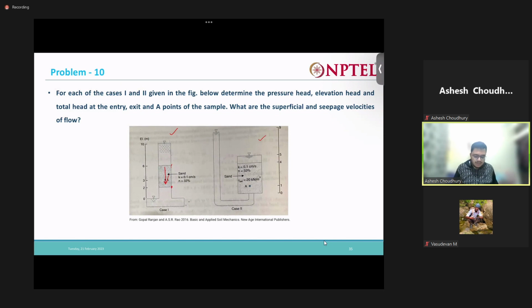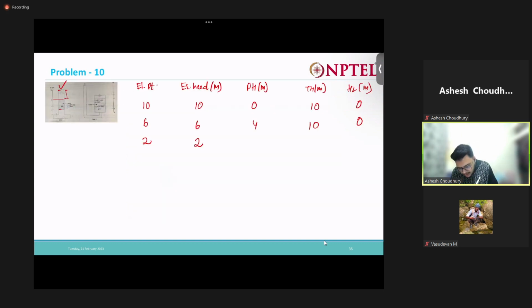All the head is lost in this process while the water traverses through the soil. So while coming from here to here, all the head will be lost. So at the point of elevation 2, my complete head loss means my total head should be 0. So my head loss should be 10.